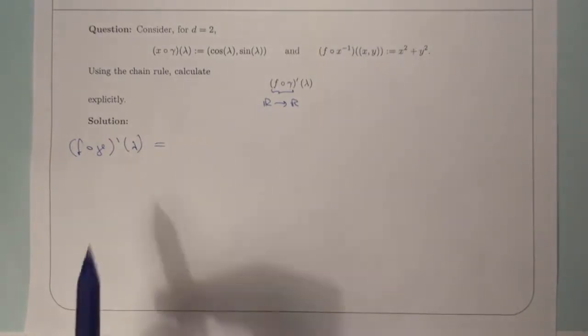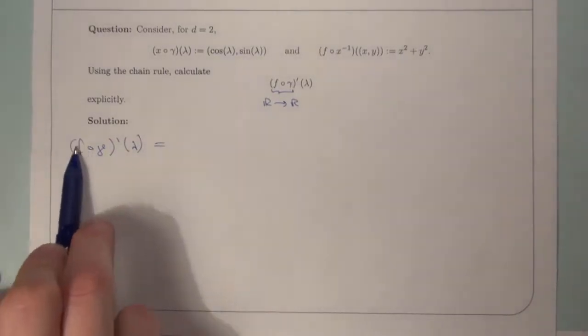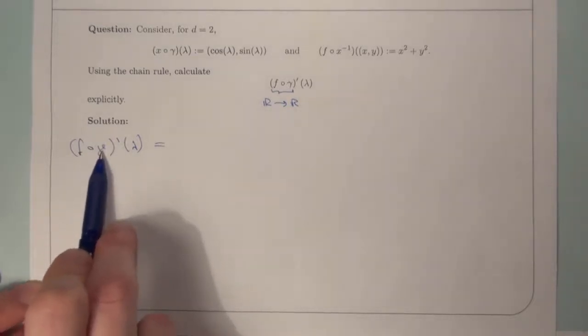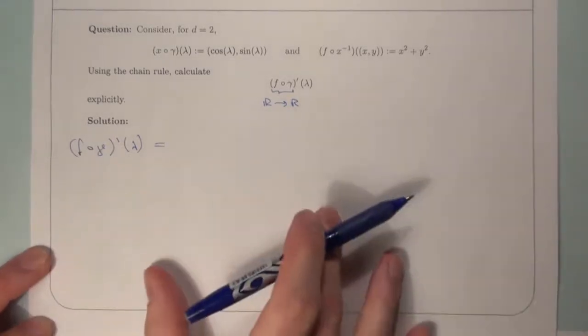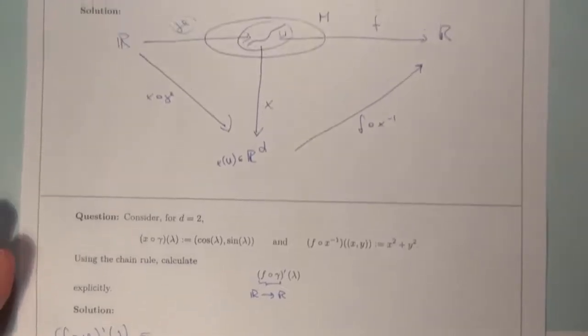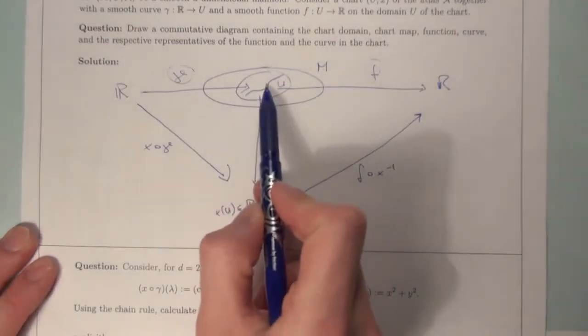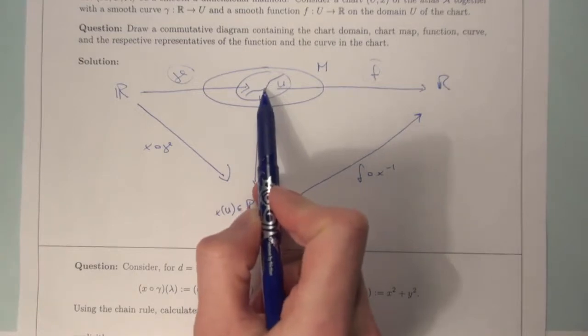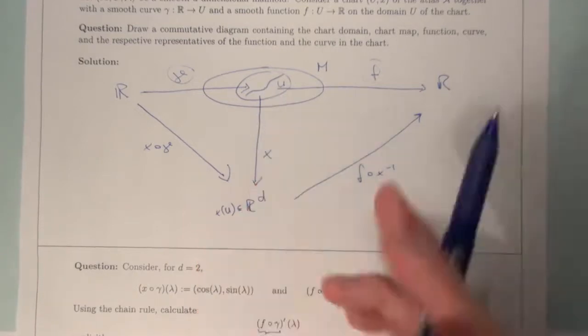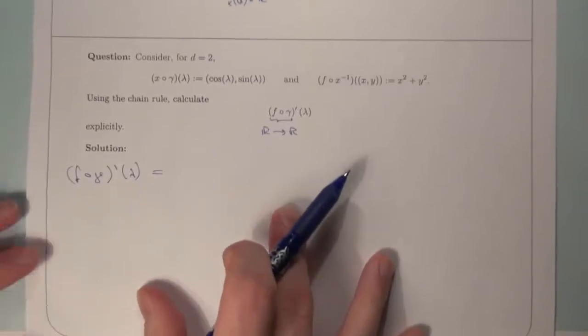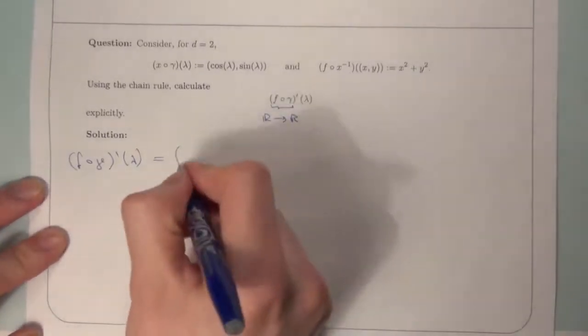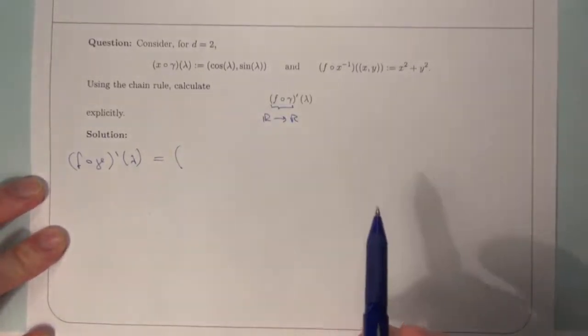We would like to use some chain rule because we have an outer function and an inner function, but the problem is these functions have target and domain in the manifold, and there we have no notion of differentiating. Therefore we use the chart representatives.